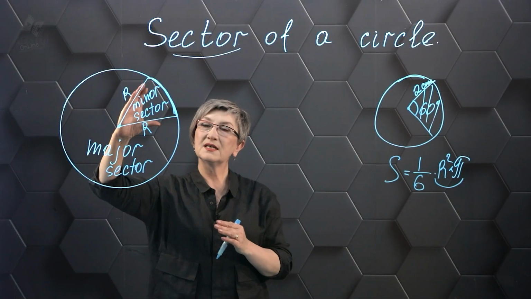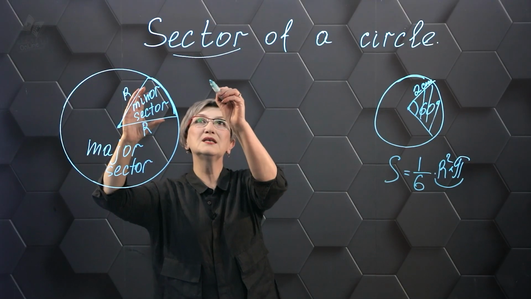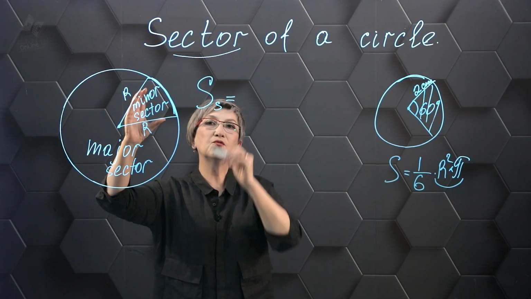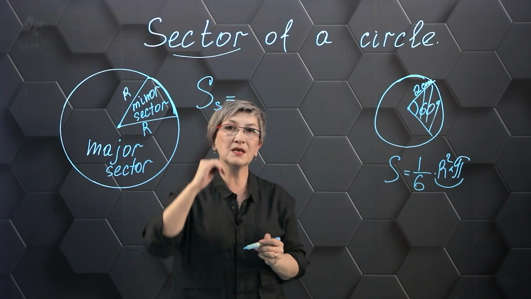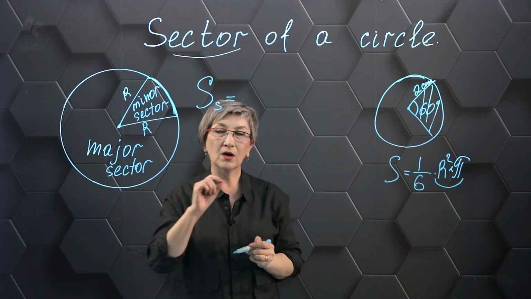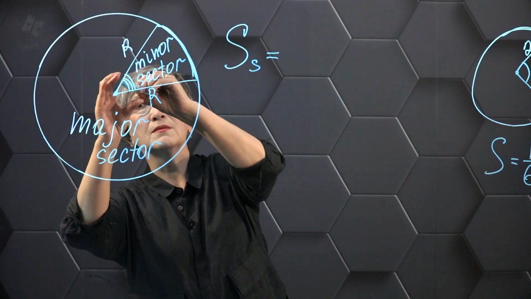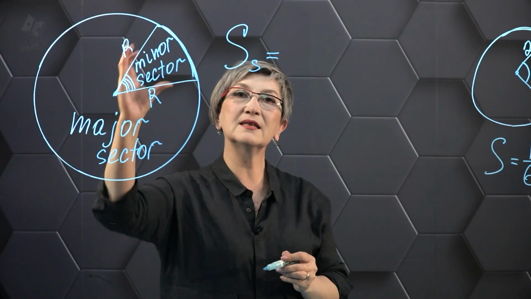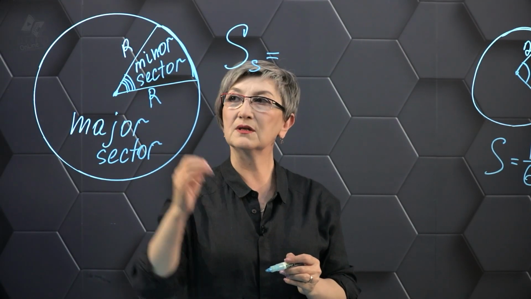In order to find a part of the circle, or to find the area of a sector, there is a formula that will help us. But in this case, we will rely on the magnitude of the angle of this sector, and then the formula will take the following form.